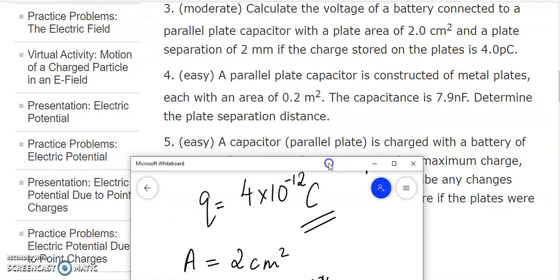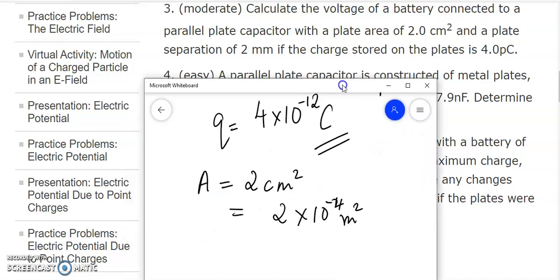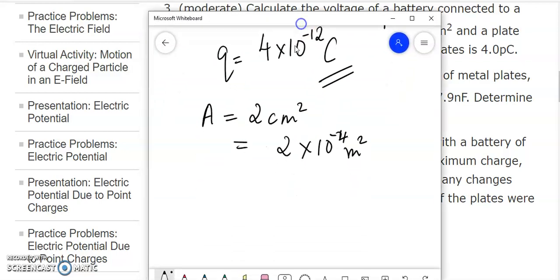And then the next one that is given is the distance, that is the separation of 2 millimeter. The distance between the two plates is 2 millimeter. So D is equal to 2 millimeter. So again milli is 10 raised to minus 3.